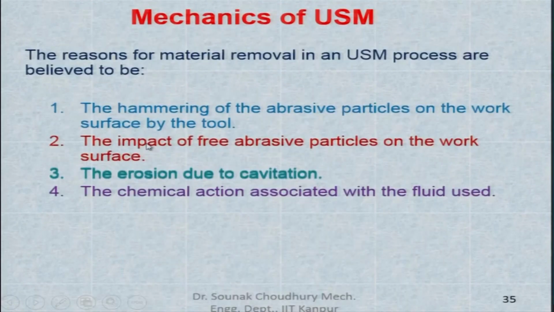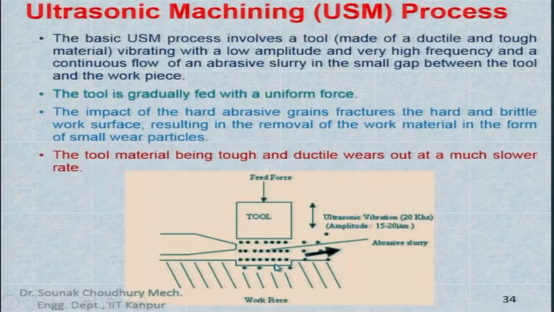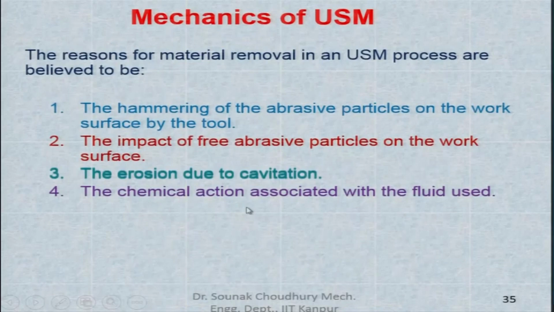Second, the impact of free abrasive particles on the work surface. Third, the erosion due to cavitation, meaning each particle is cavitated in the space here, which creates erosion of the material. Fourth, the chemical action associated with the fluid used.